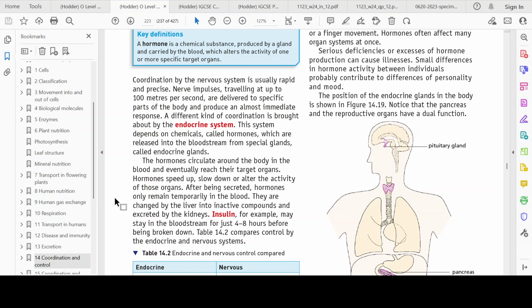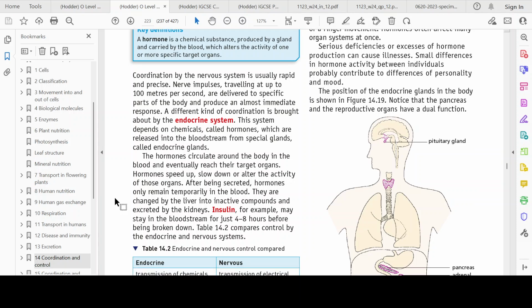Hormones are present in our body before puberty, right? You've got your thyroid hormone and other hormones. What happens at puberty is your sex hormones become activated, right?